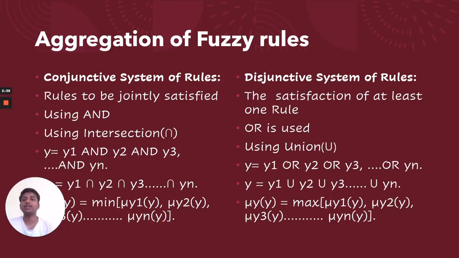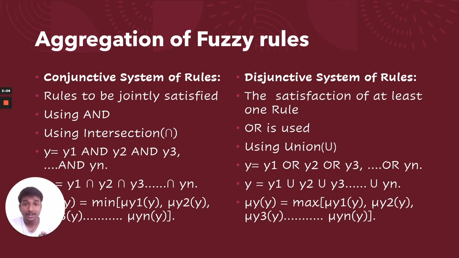And coming to the aggregation of fuzzy rules. These are the two aggregations which come under the aggregation of fuzzy rules. First, conjunctive system of rules. In this conjunctive system of rules, we got conjunction, right? Remember the sequence: and, intersection, minimum. These three should be remembered.